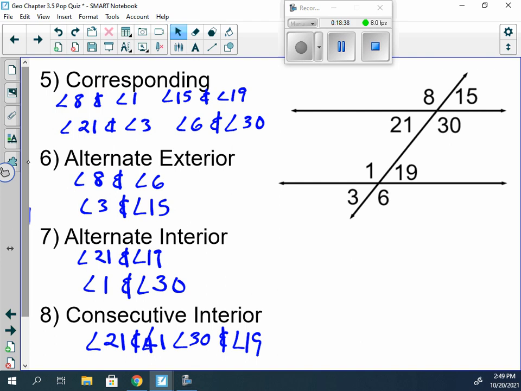Alternate exterior and alternate interior angles will be congruent if the lines are parallel, and vice versa. Consecutive interior angles are not congruent, they are supplementary angles. They add together to be 180.